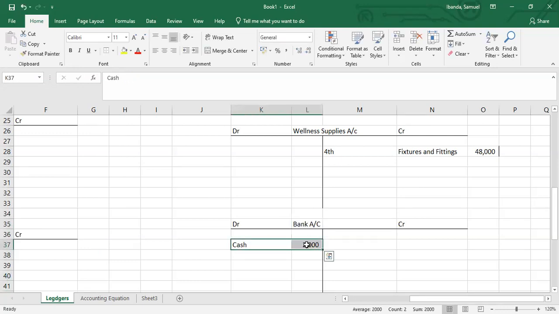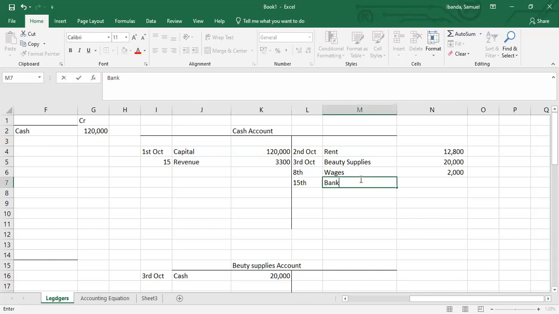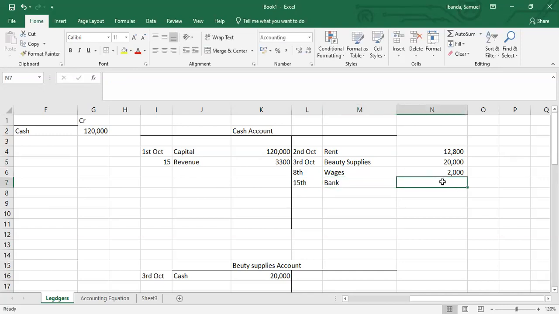After we've passed this transaction through, we are now going to bank this money. So on the same 15th, I'll come here and say bank. I'm taking all that money to the bank. How much? 3,300.